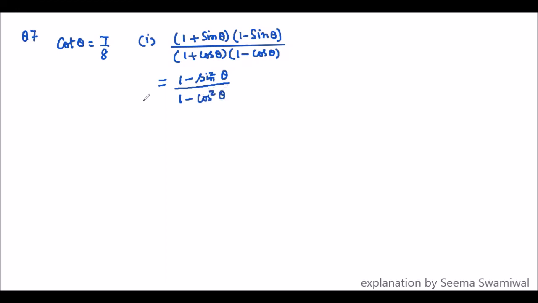Now let's see what is given to us. We are given cot theta is equal to 7 by 8. That means cot theta is base upon perpendicular, so we may take base as 7 and perpendicular as 8.